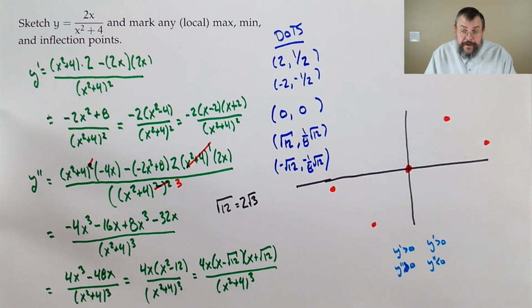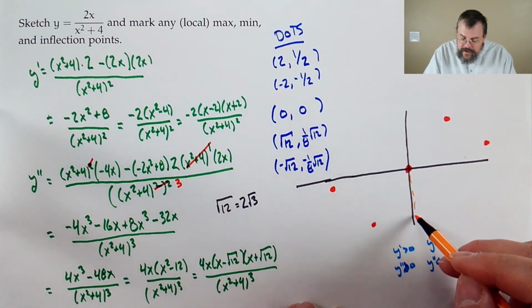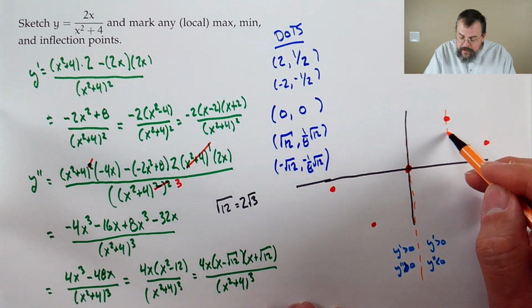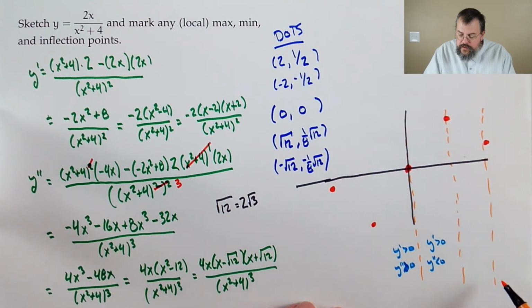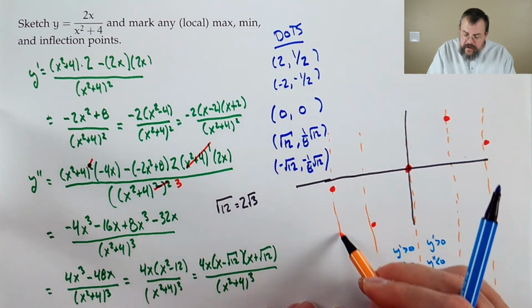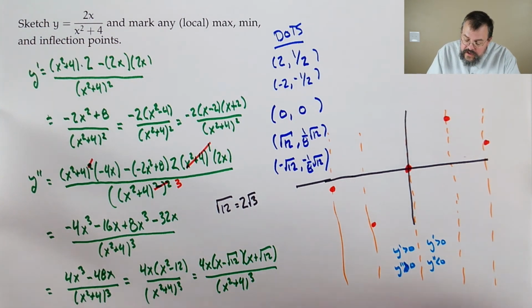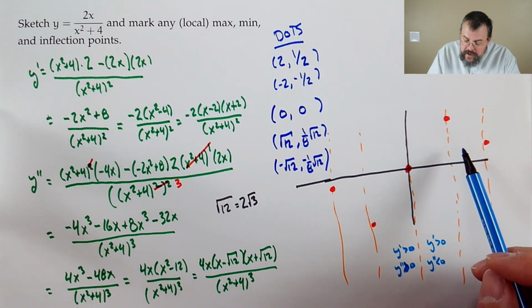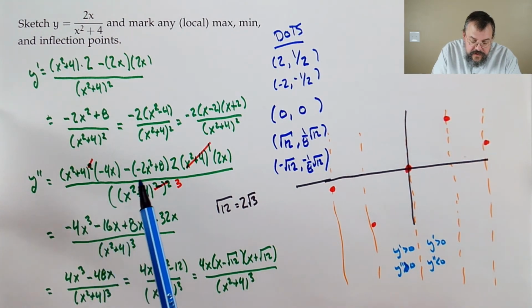Now, to help you understand what's going on here, I just want to make clear what I'm doing: I'm trying to understand the behavior in these pieces here. And if we do that, then we'll get a really good sketch at the end. Okay, well, let's just say we're just barely over 2. What happens in our first derivative?